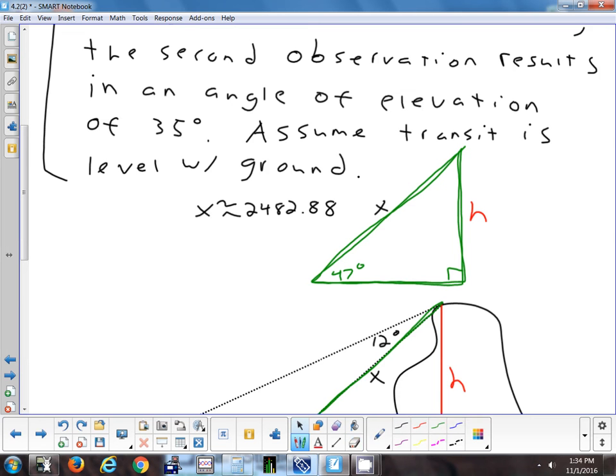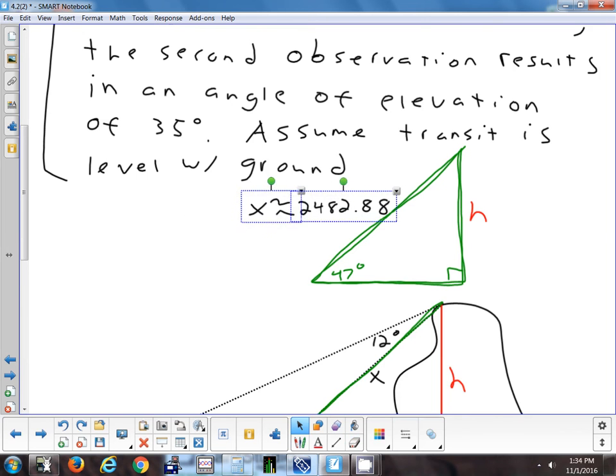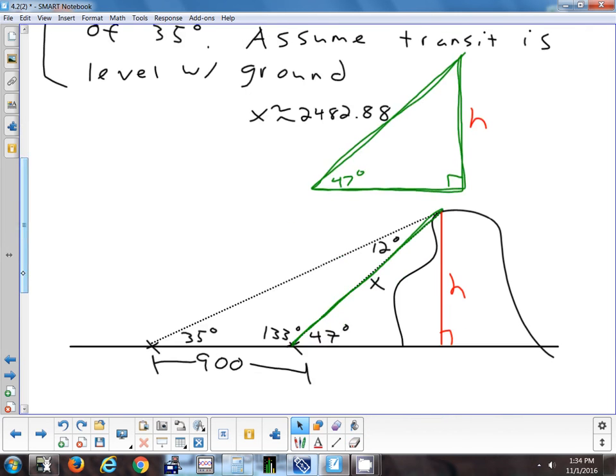All right, so any questions on how I got the 2,482.88? All right, so I'm going to erase that because now I know the number. So I found this side in green, which is really the what of this other triangle? It's the hypotenuse. And what kind of triangle did we say this was earlier?